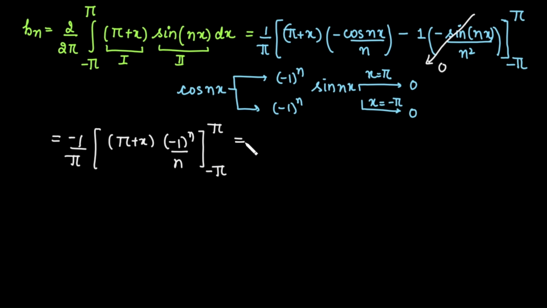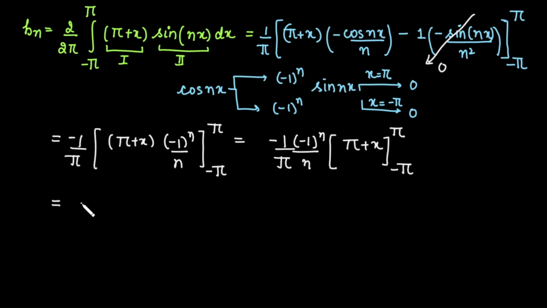This is equal to minus 1 upon pi. Even we can take this quantity outside because it is in a multiplication and that is also not depending upon x. So we can write minus 1 raised to power n upon n outside, and remaining terms are pi plus x from the limit minus pi to pi.